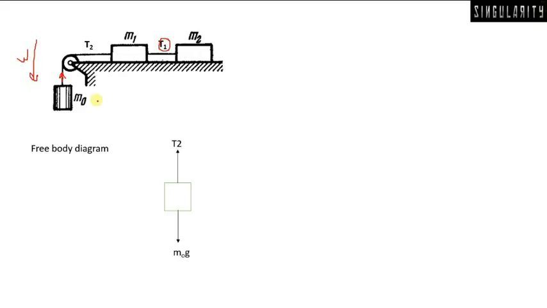Similarly, the free body diagram of mass M1 would look something like this. Since this mass M1 is lying on the surface, because of gravitation there is a downward force acting on it, equal to the mass times the acceleration due to gravity, M1g.